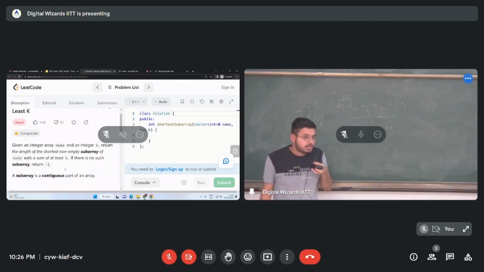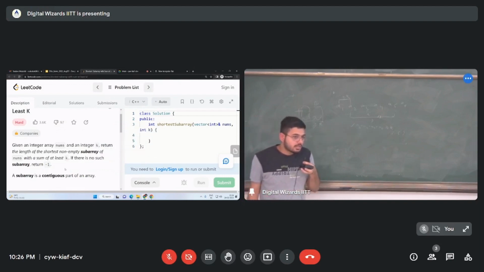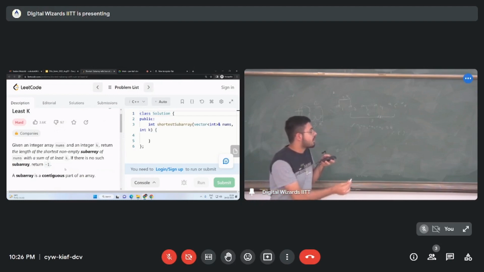Sliding window. Okay, I think Soham clarified that point. In sliding window also, if you were to choose a window of size L, then you need to iterate over all window sizes.